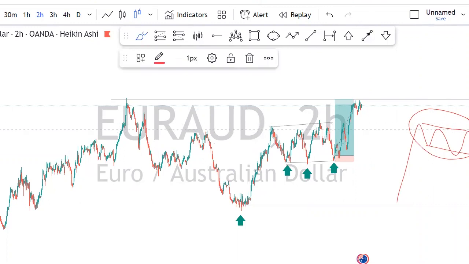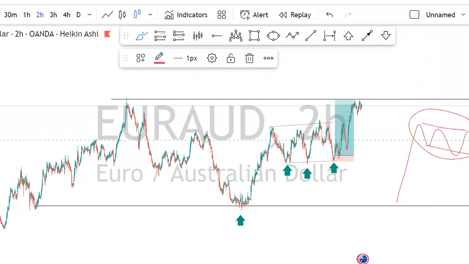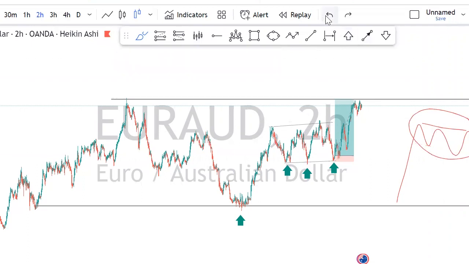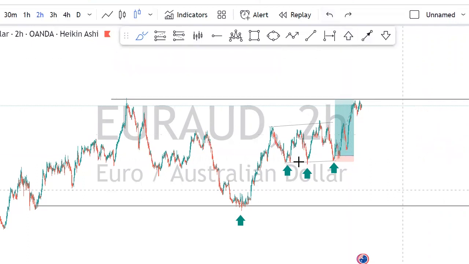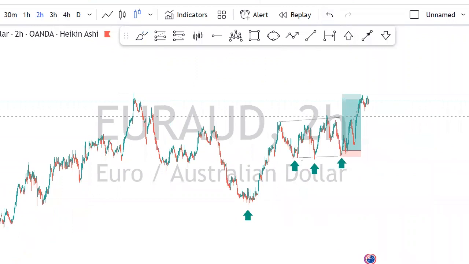Basically, I'm trying to draw an arrow. I'm sorry about this, but anyway, we were looking for reasons for the price to reject on our support, identifying a market pull up. So that was the core way of trading the setup, which was good.